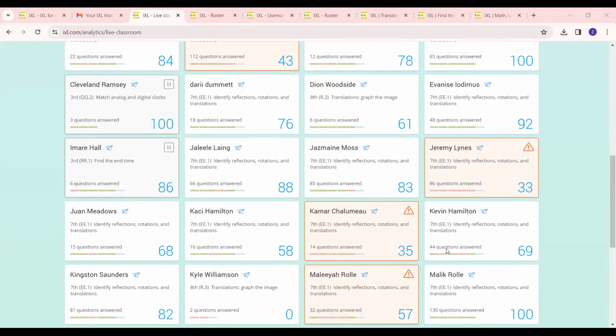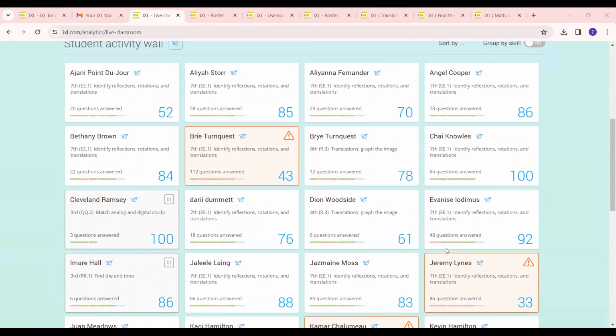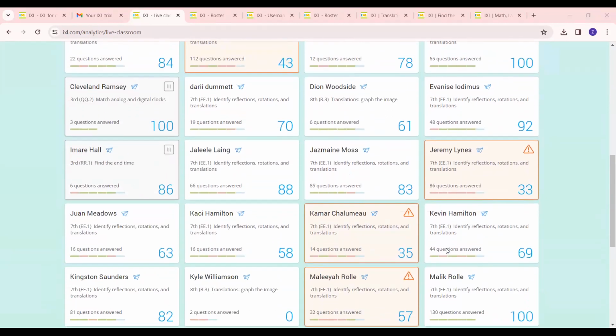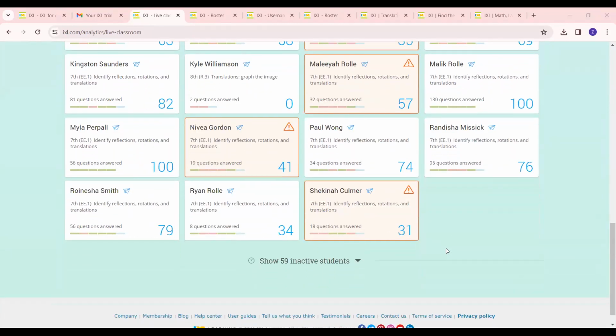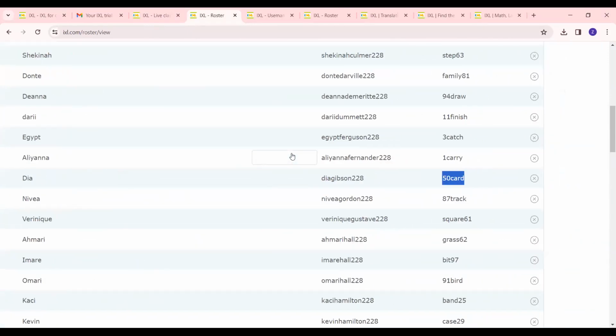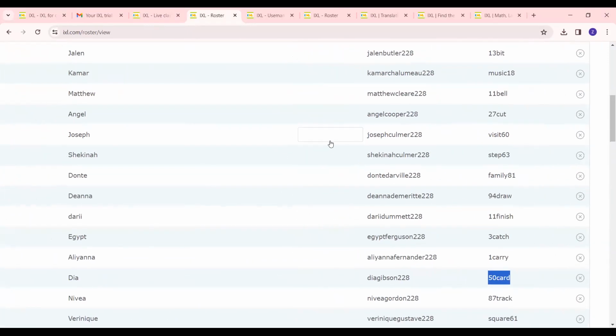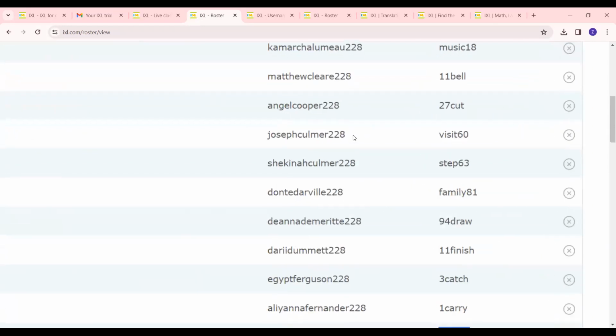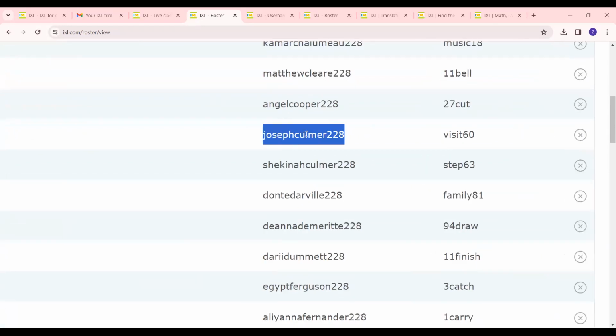So I don't see you on this thing. I'm still trying to log in. It isn't letting me in. That's because you're using the wrong username and password. Every so often we update. I used the new one. No, you don't use the new one. The new one is Joseph Kalma 228, visit 60.